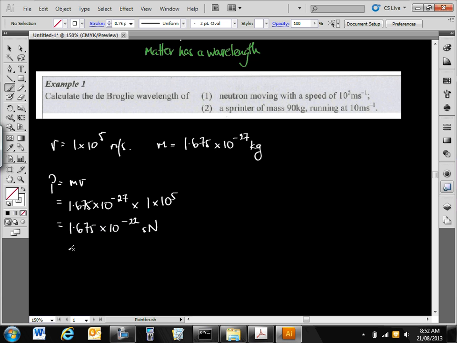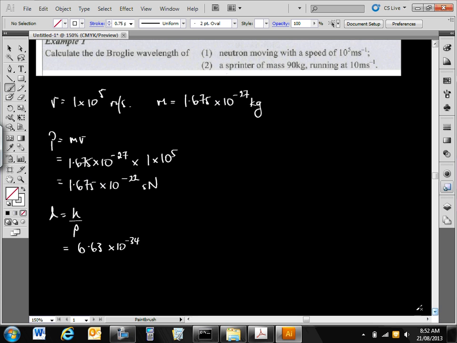Okay, wavelength, lambda, is equal to Planck's constant over the momentum, which is equal to 6.63 by 10 to the minus 34 joule seconds, all over our momentum 1.675 by 10 to the power of minus 22.